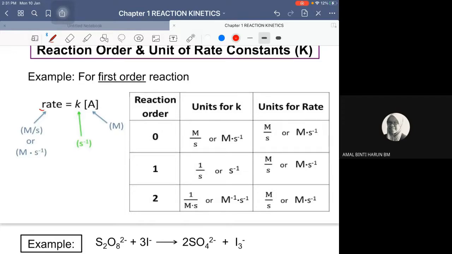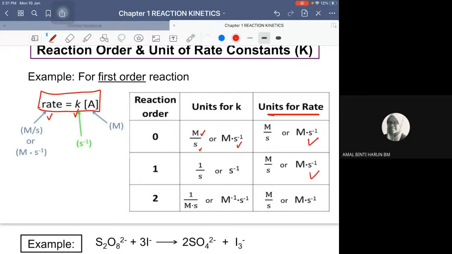Okay, so from the rate law, rate equal to K[A]. So the K is the constant and the rate is molar per second, concentration dalam molarity. Kalau yang ni kita nak tahu unit K, kita akan substitute dalam ni. So molar per second, you akan dapat molar per second. So ini unit for rate. Unit rate semua sama.